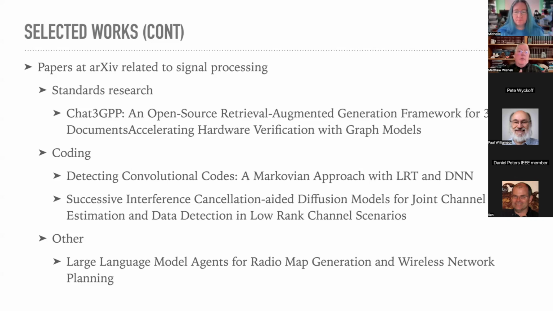So you can design DNN networks that will detect convolutional codes. You could have multiple convolutional codes in your system, and you say, well, which one is this data that's coming in? Which code is it coded with?